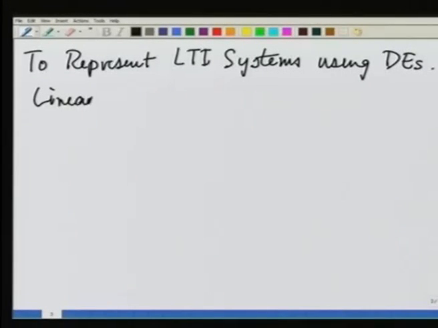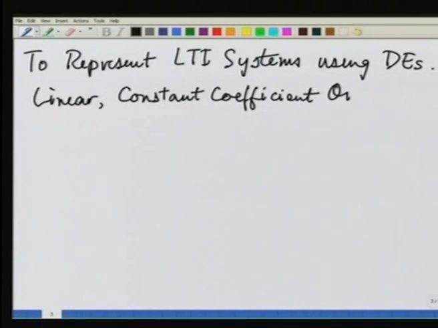This narrow class of differential equations which can be used to represent LTI systems are linear, constant coefficient, ordinary, differential equations.